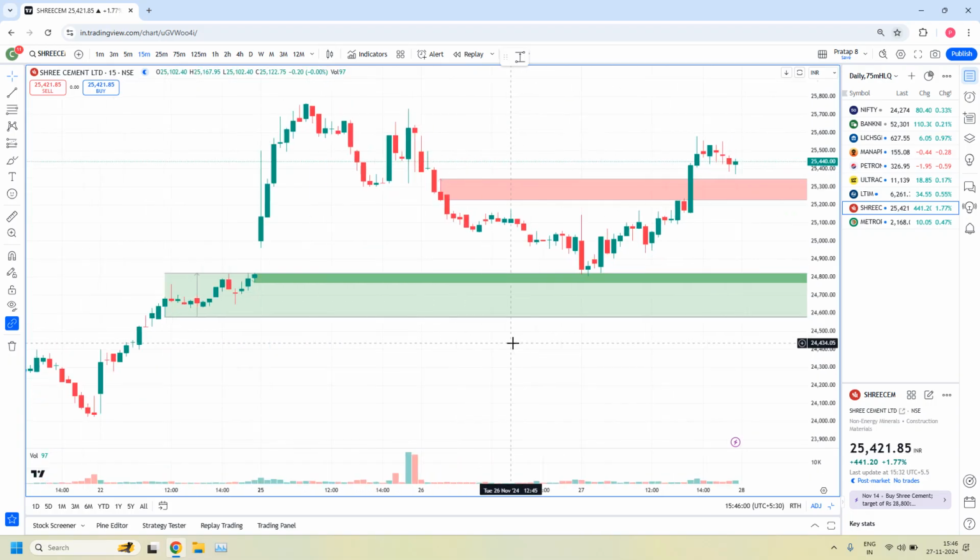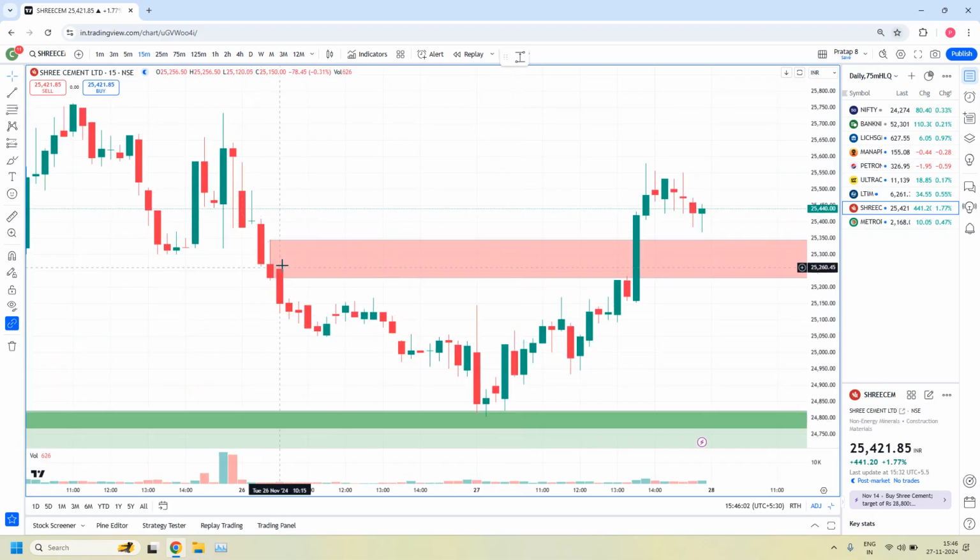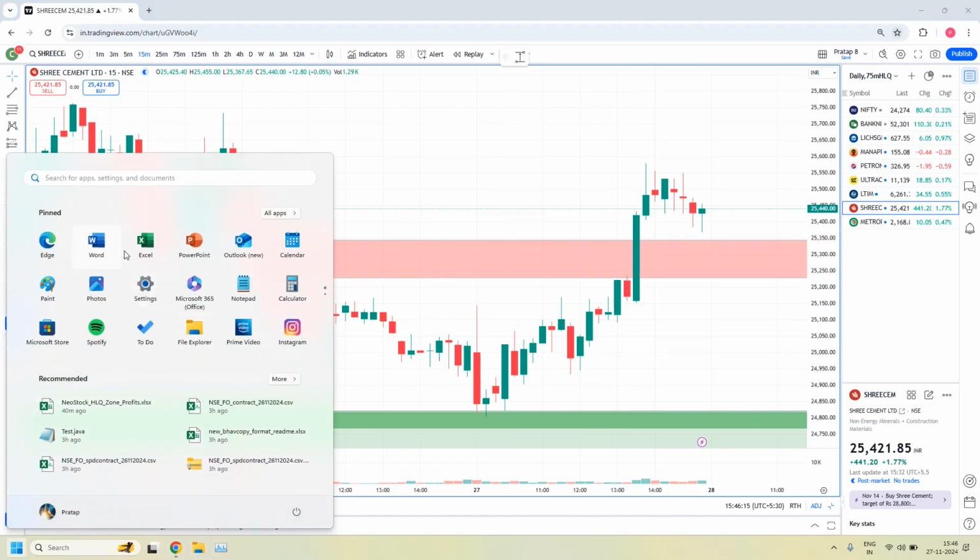And this is a 15 minute zone. We have a drop base drop and reached, and after that this zone is further violated. Anyway, calculated up to this 15 minutes target zone, and until this 15 minutes target we got a profit. Let me open the Excel sheet.